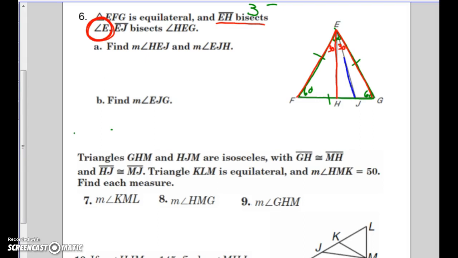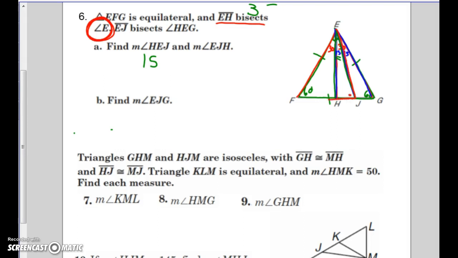Then EJ cuts angle HEG in half, so each one of these is going to be 15, right? So it wants to know how big is HEJ. HEJ is how big? 15. Very good.